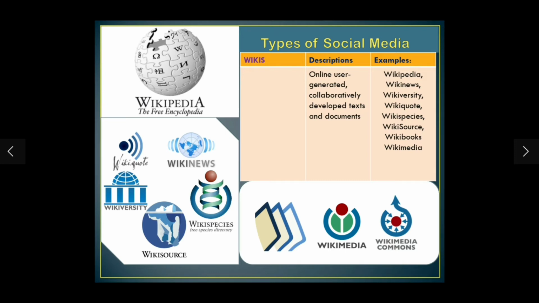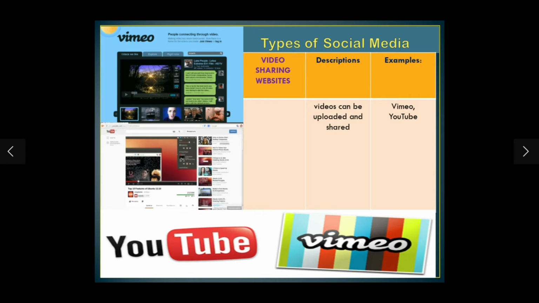Okay, and then we have another type of social media, the video sharing website. Video can be uploaded and shared. The examples are Vimeo and YouTube. I think most of you are familiar with the YouTube channel, and Vimeo has the same function as YouTube.